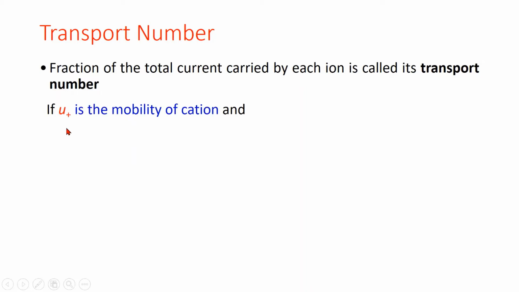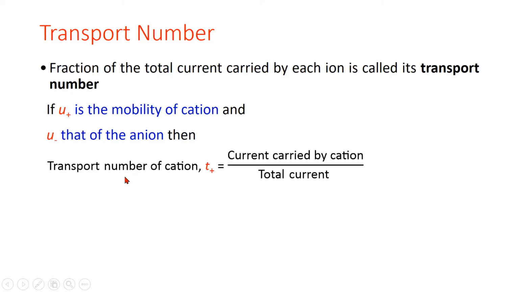If U positive is the mobility of the cation and U negative is the mobility of the anion, then the transport number of the cation, T positive, is given by the current carried by the cation divided by the total current. That is, T positive is equal to U positive divided by U positive plus U negative.